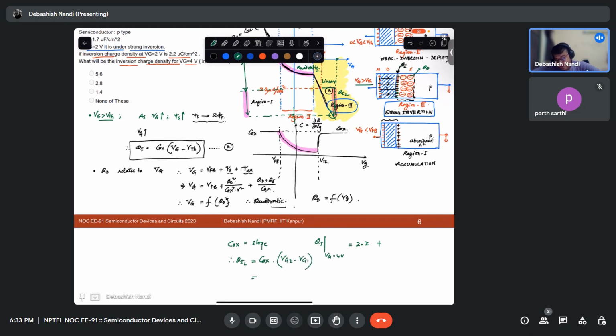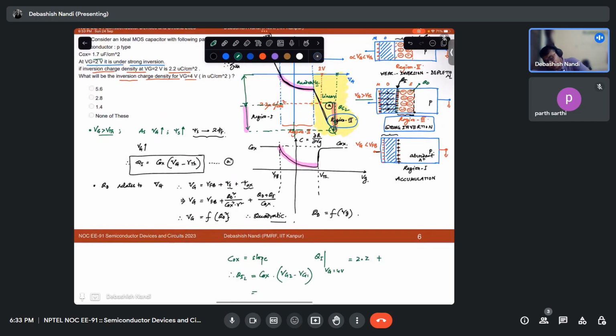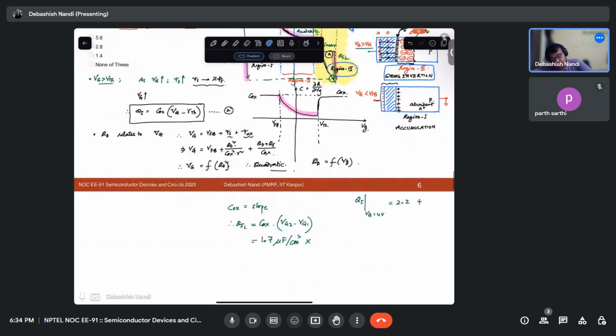Cox is given as 1.7 microfarad per centimeter square, times 4 minus 2 volts.